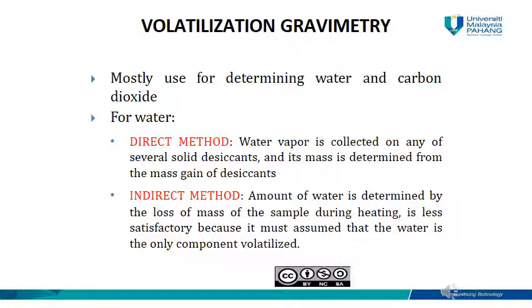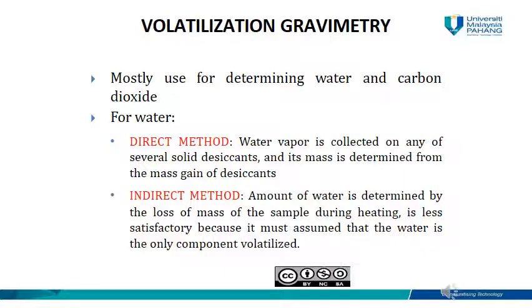For water, we have two types of method. The first one is the direct method and the second one is the indirect method. For the direct method, the water vapor is collected by using different kinds of solid desiccants.